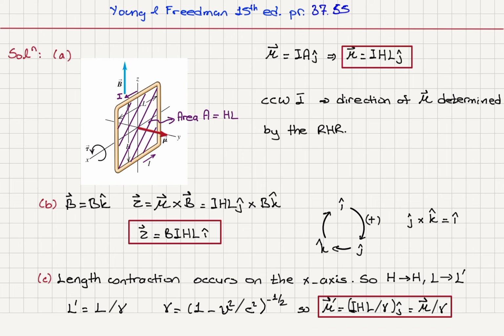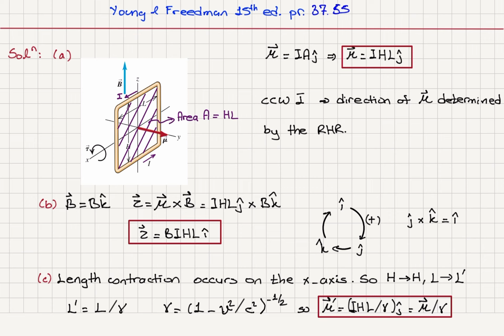The four fingers of the right hand curl in the direction of the current, the thumb points in j hat direction. Now, if there's a magnetic field in k hat direction, this is going to feel a torque because there's a 90-degree angle between the magnetic field and the magnetic dipole moment. Torque is mu cross B, IHL j hat cross with B, k hat, j hat cross k hat is I hat, so it's B IHL I hat.